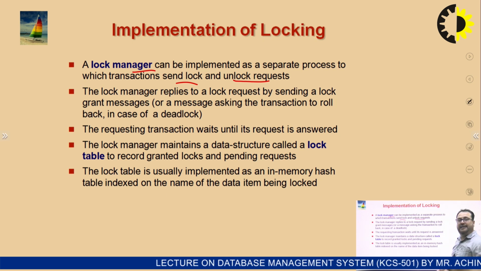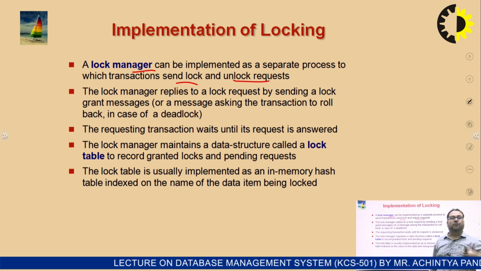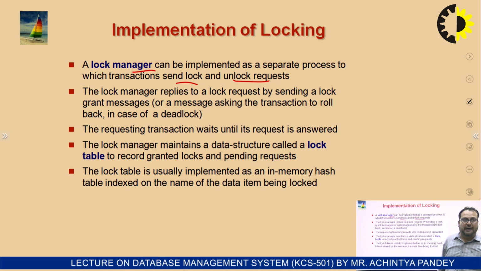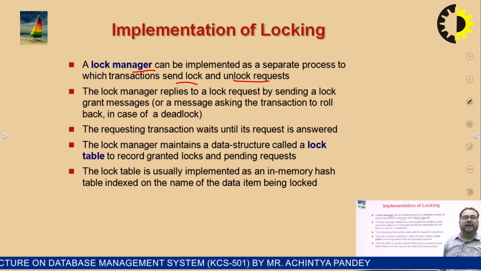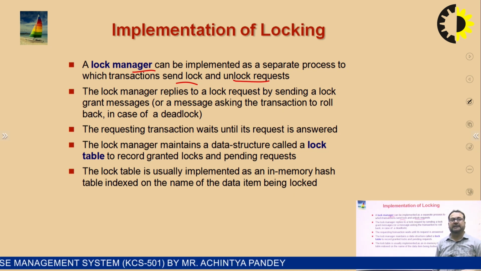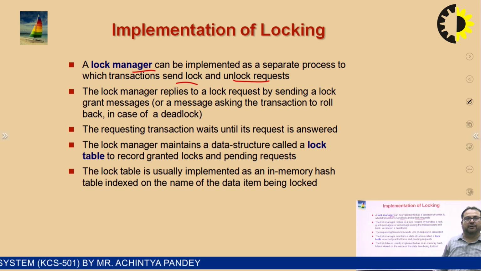The lock manager replies to a lock request by sending a lock grant message, or a message asking the transaction to roll back in case of a deadlock. The requesting transaction waits until its request is answered. Until the lock manager allows it, the transaction will not execute the instructions afterward.